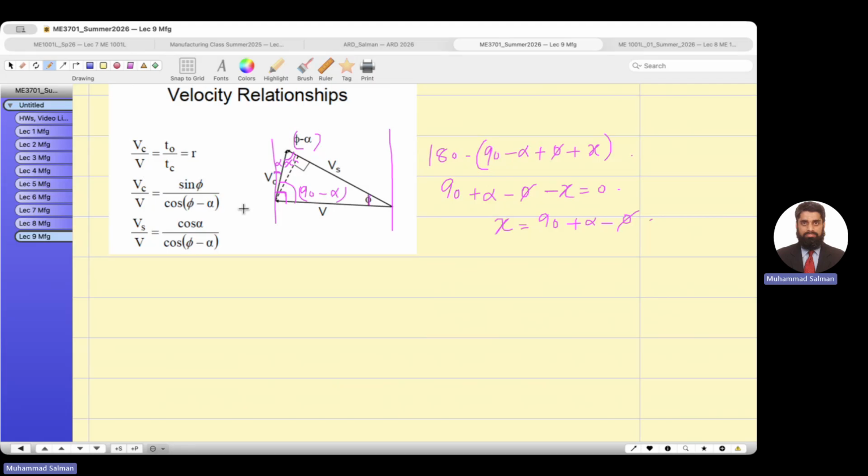What is Vc over V? Vc over V can be written as this formula.